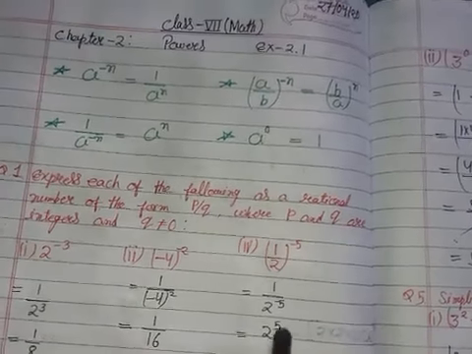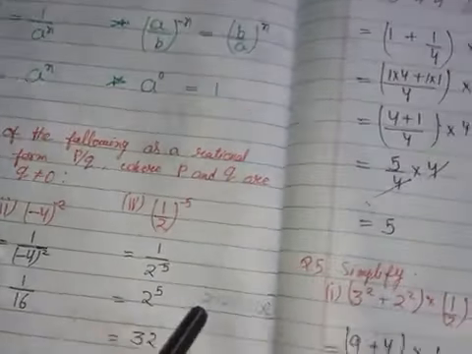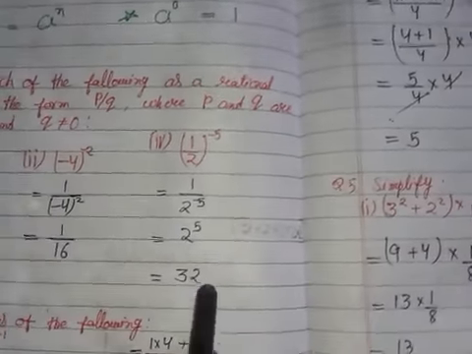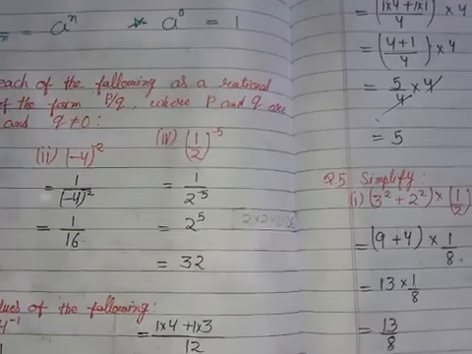So 2 to the power 5 means we multiply 2 five times, 2 into 2 into 2 into 2 into 2, we get 32. So the result is 32.